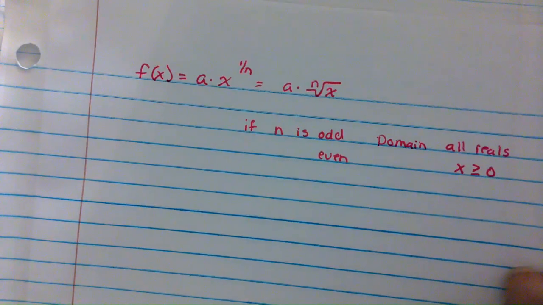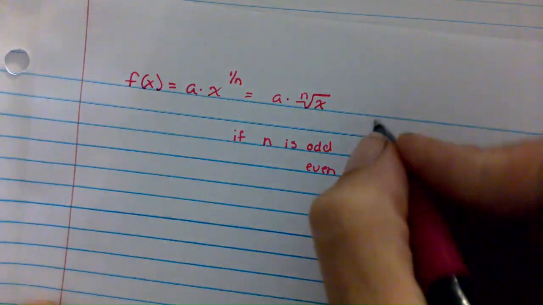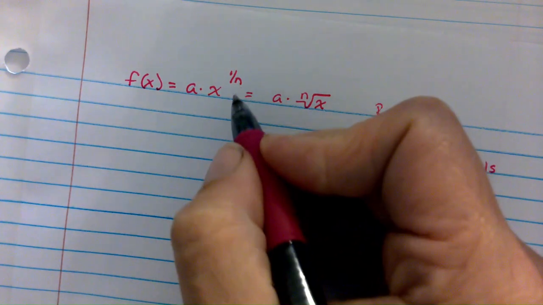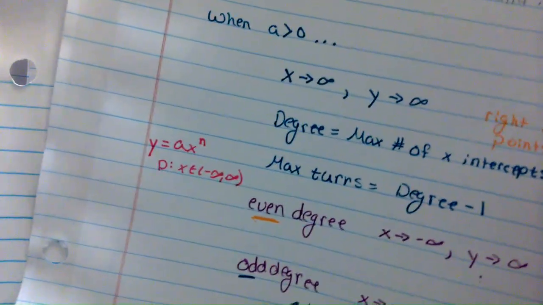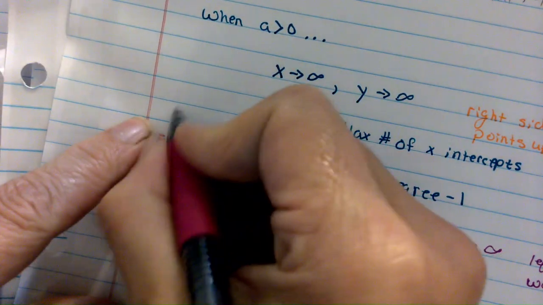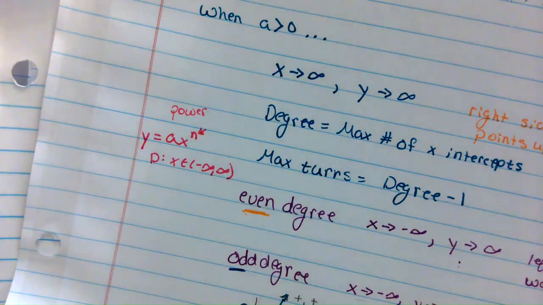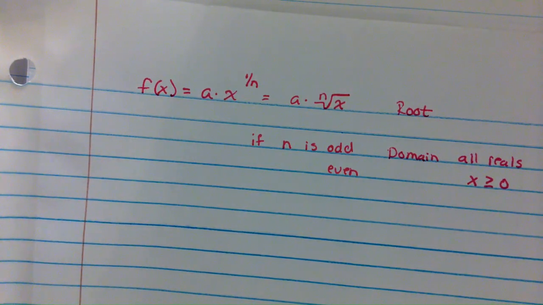Again, it's only square roots of real numbers. This is not called a power function now, this is a root function. So the rules that we were talking about before were for when n is an integer. Power functions are when this is basically a whole number: 1, 2, 3, 4, 5. When you have it as a fraction, that's when things change.